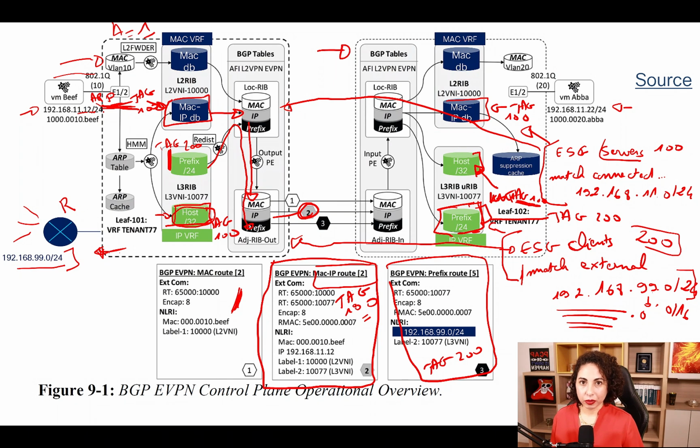It's really from the control plane that we are learning the endpoints and that we are putting them into ESGs, and then we are propagating this mapping between the endpoints and the tag across the fabric thanks to BGP eVPN. So everything starts with a learning from a control plane.